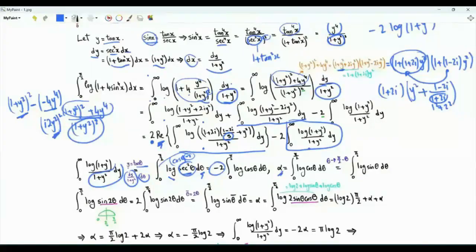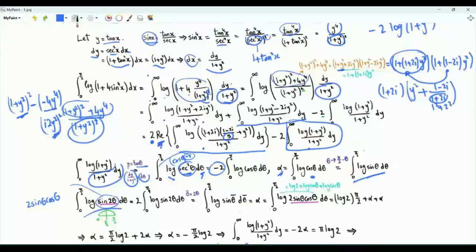If this integral is alpha, alpha is also the integral of log sine theta, theta from 0 to pi over 2. We can obtain this integral from that one by changing theta to pi over 2 minus theta. Consider the integral from 0 to pi over 2 log sine 2 theta. Sine 2 theta is 2 sine theta cosine theta.